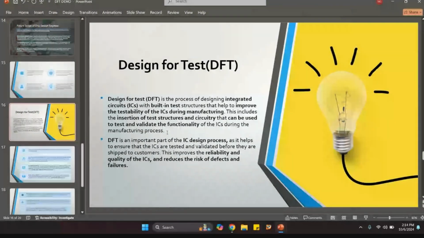It has the benefit of manufacturing. All this is DFT, and it is an important part.